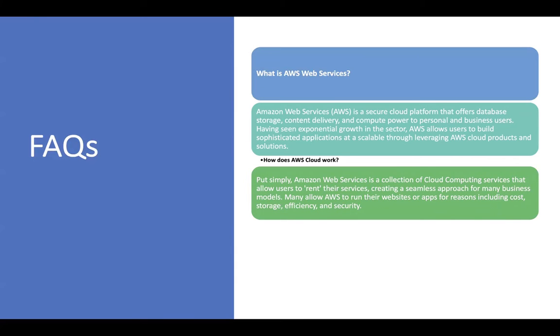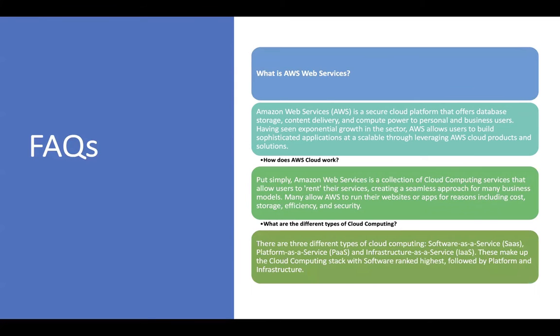That's it. And what are the different types of cloud computing available? There are mostly three types: software as a service, platform as a service, and infrastructure as a service.